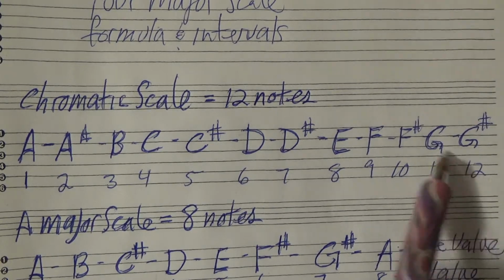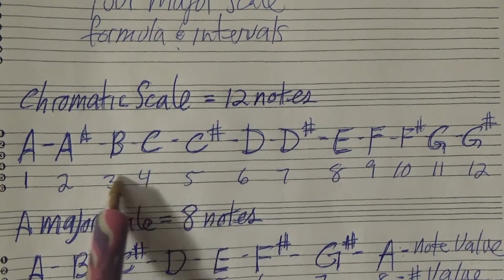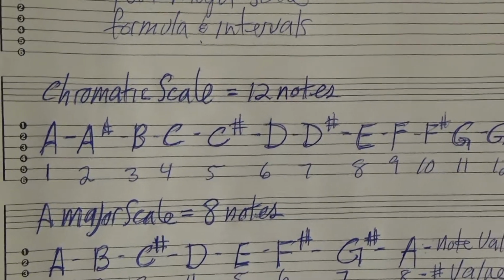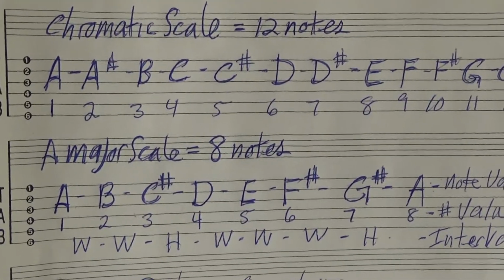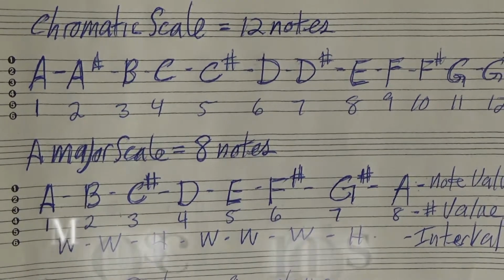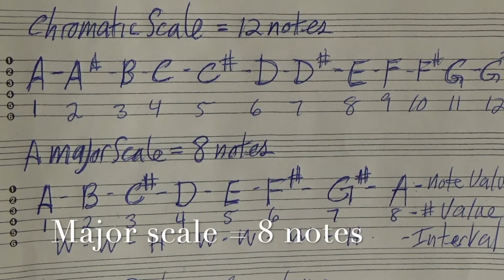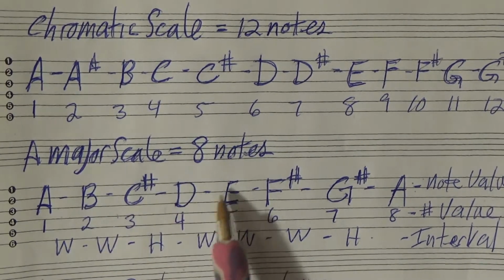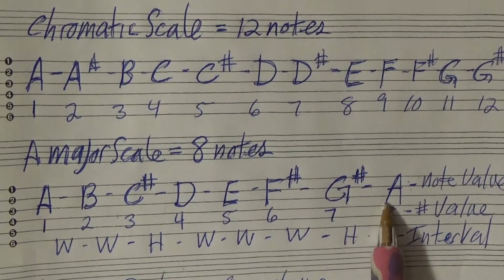All right. Now out of those, we're going to take 8 of those notes and we're going to make our major scale. Okay, our major scale is going to be 8 out of these 12 notes. So in the example that I put in the book, we're going to start with the A major scale, okay? That's going to give us 8 notes. 1, 2, 3, 4, 5, 6, 7, 8, okay?